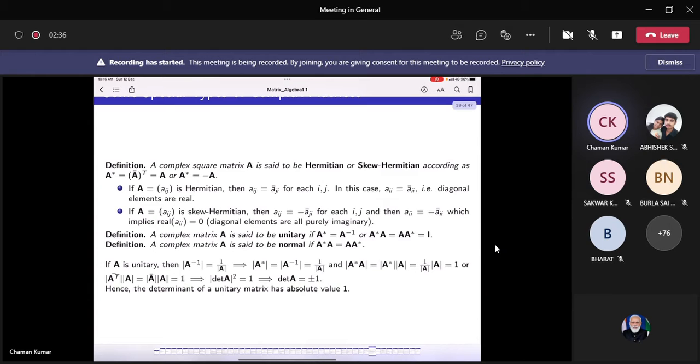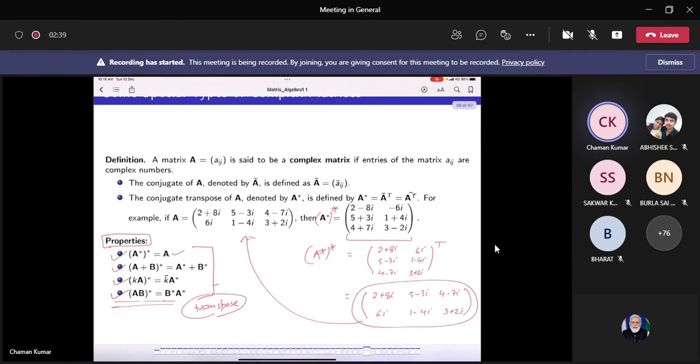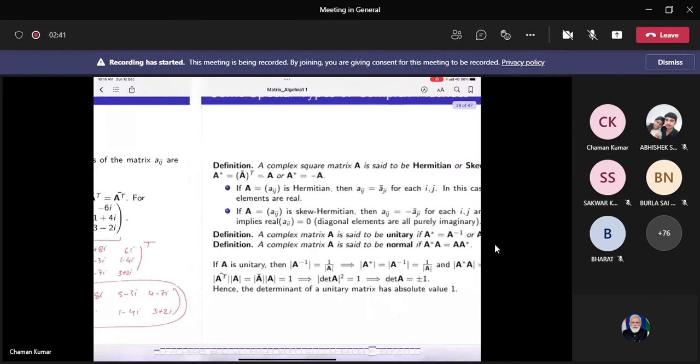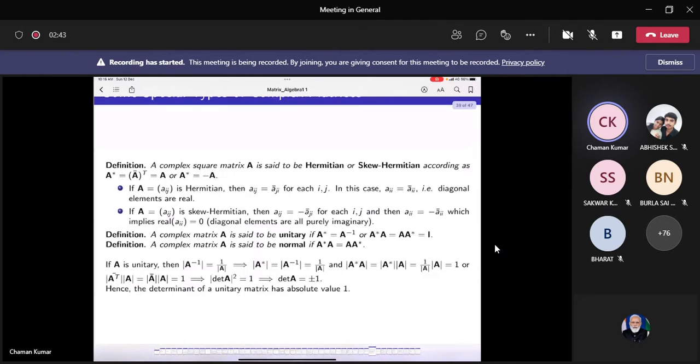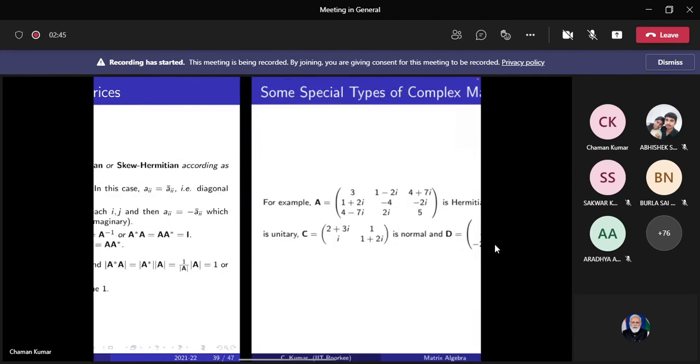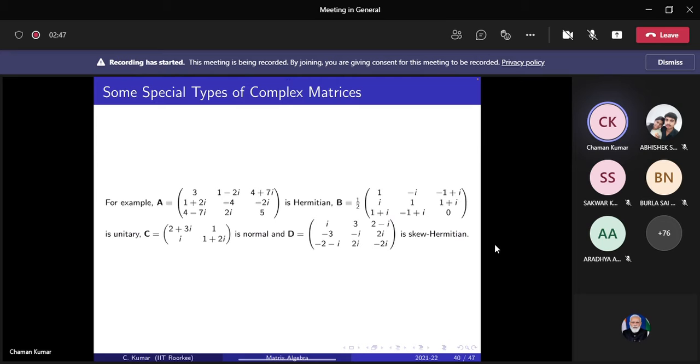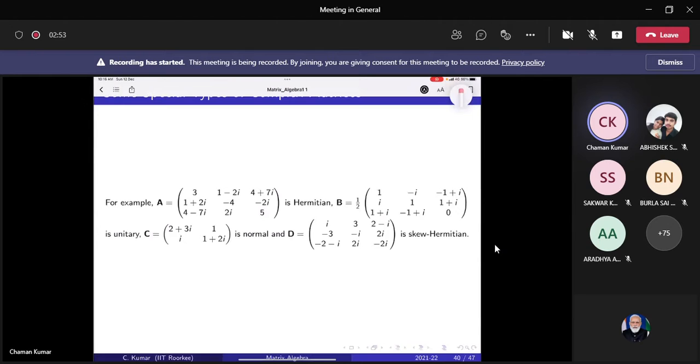So this completes this section. And some examples are there. For example, we have an example of Hermitian matrix.